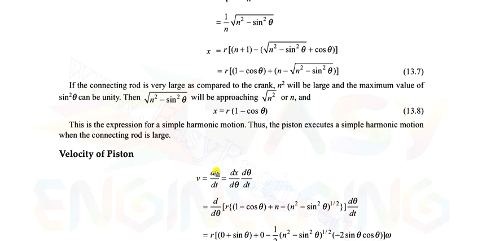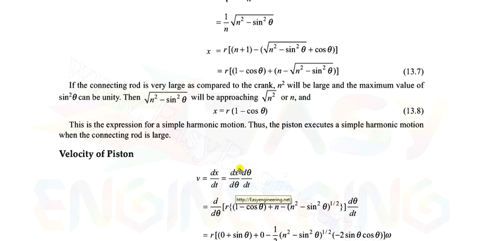Velocity is the first derivative of displacement with respect to time. So dx by dt, but because x is not a function of time, it is a function of theta, we have to rearrange it as dx by d theta into d theta by dt.